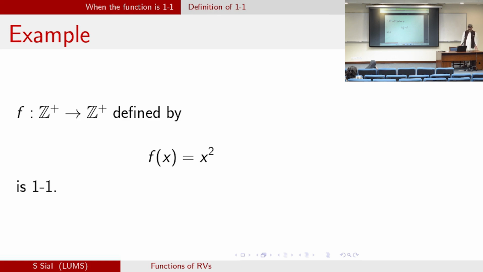How about this? F sends positive integers to positive integers, f of x equals x squared. F of x is x squared, and f of minus x would be x squared, but minus x is not in the domain of that function.